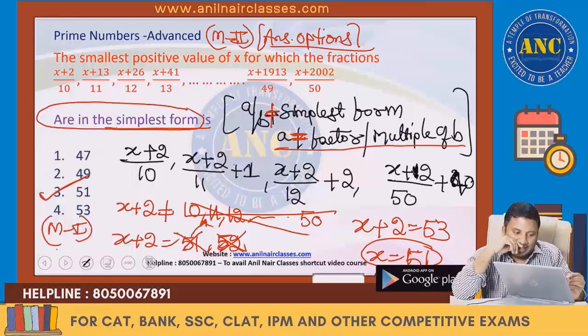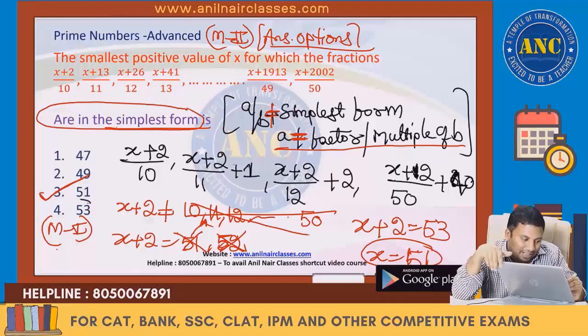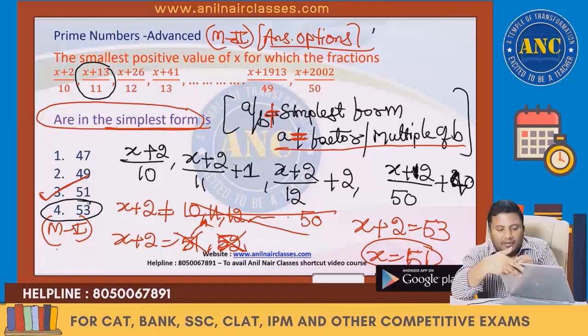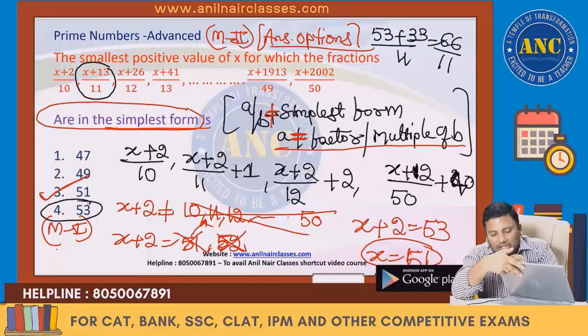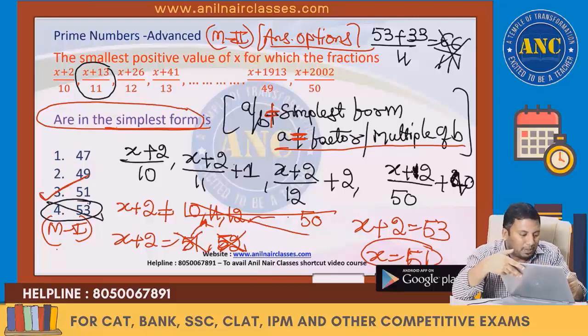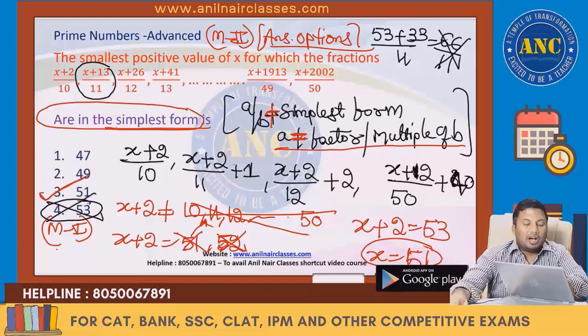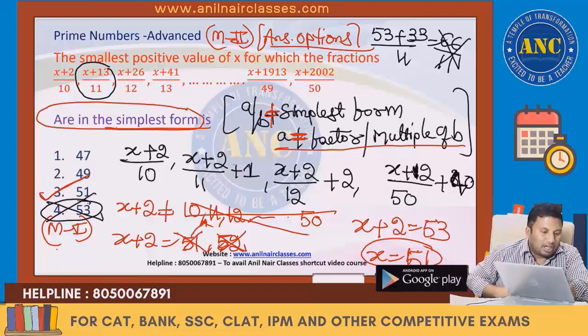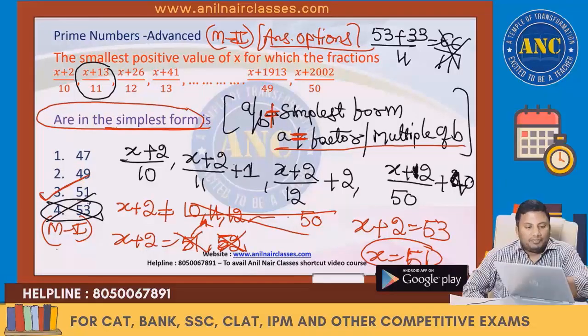Suppose I take 53. 53 plus 13 divided by 11 is 66 by 11. 66 by 11 is not in its simplest form. 53 is out. I hope it is clear, right, sir?